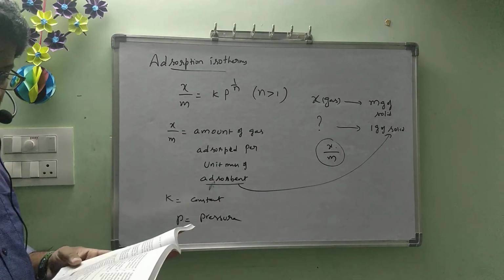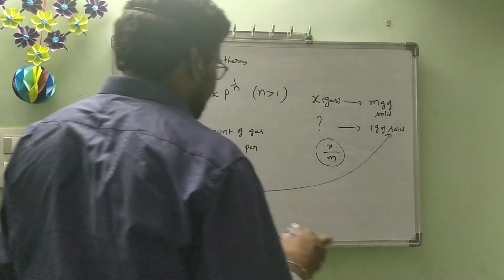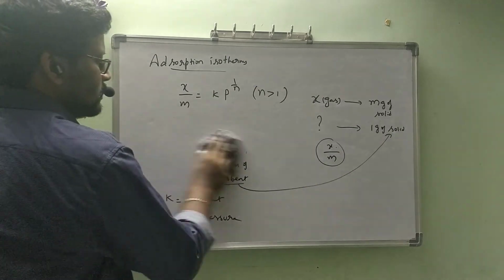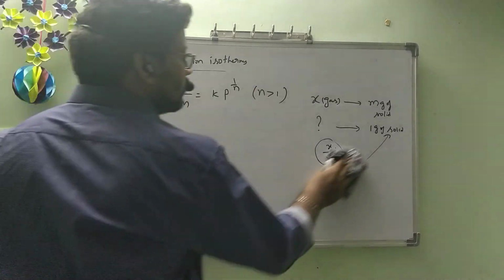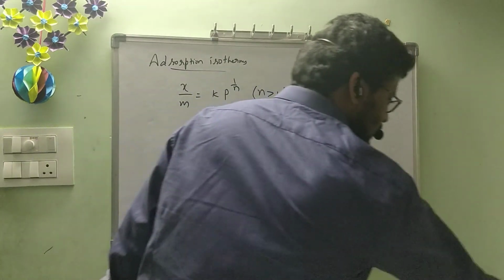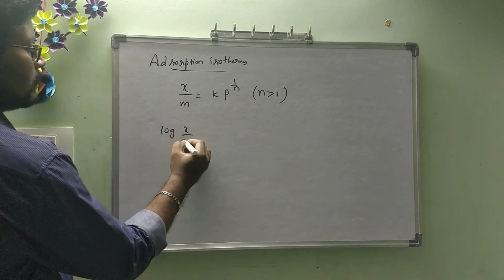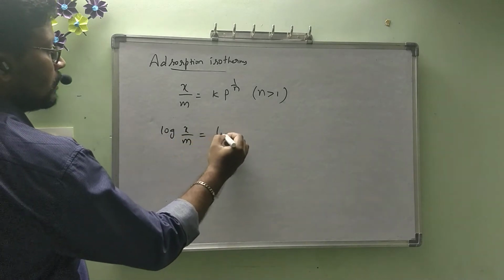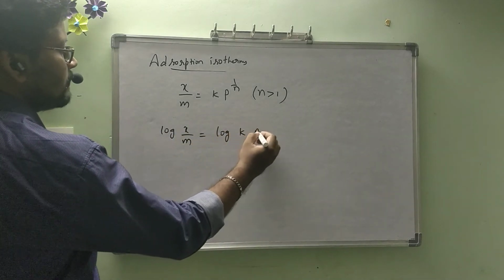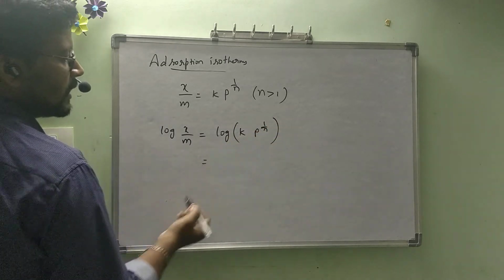Now let us see the continuation. Apply logarithms on both sides. Log x by m is equal to logarithm of k into p power 1 by n. This is in the form of log AB.